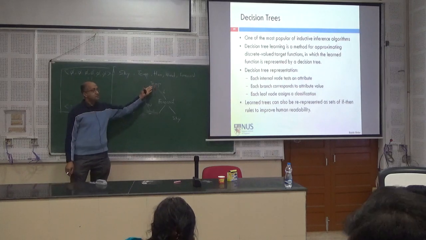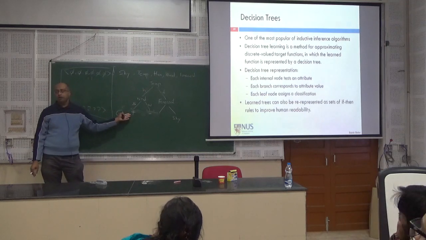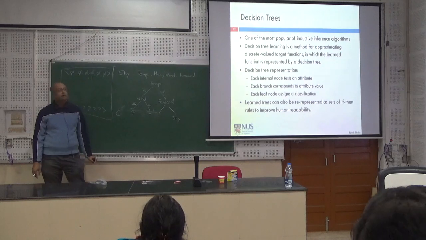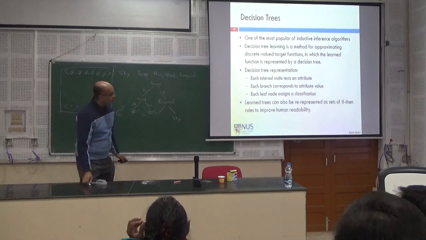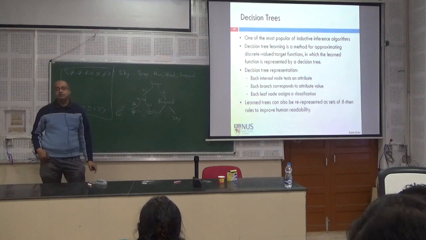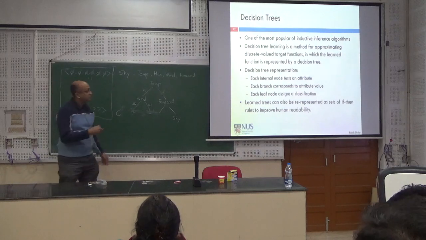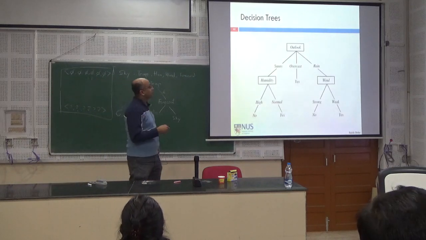So you start with your testing with different attributes and follow a path, and when you reach the end of the path, you will know what to do. And the main thing here really is, which one should I test first? Is temperature more important or humidity more important? And we'll try to classify that.